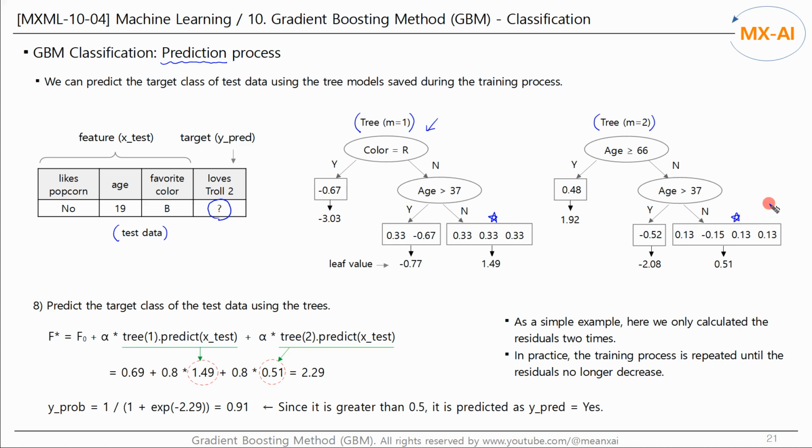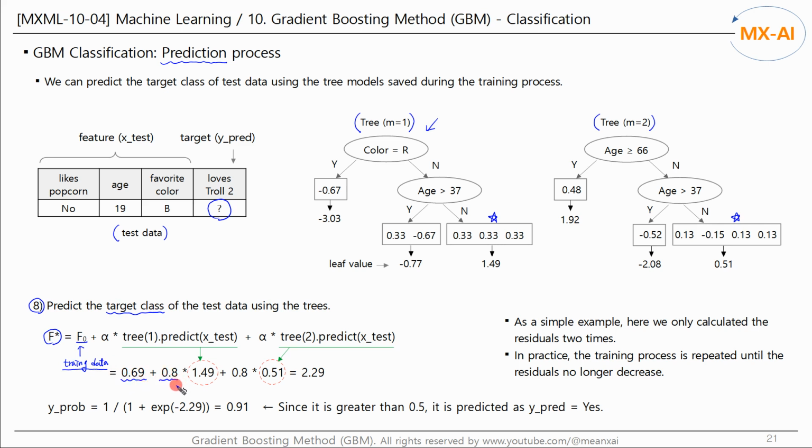Step 8 predicts the target class for this test data. First, we estimate the log odds f. F0 is the initial log odds value of the training data. This is 0.69. The learning rate alpha is 0.8.